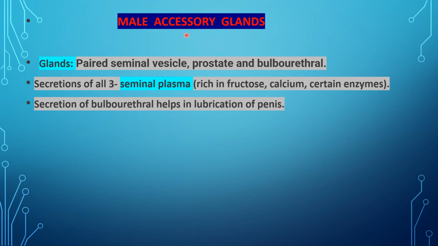Yes, I hope you understood, children. I'll just repeat it once again. The male sex accessory ducts include rete testis, vasa efferentia, epididymis, and vas deferens, and the seminiferous tubules of the testis open into vasa efferentia through rete testis. And the vasa efferentia leaves the testis and opens into epididymis located along the posterior surface of each testis.